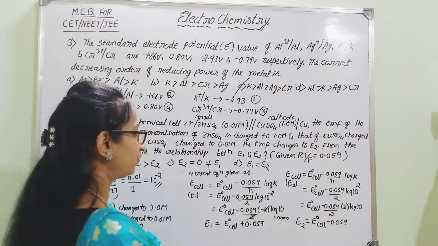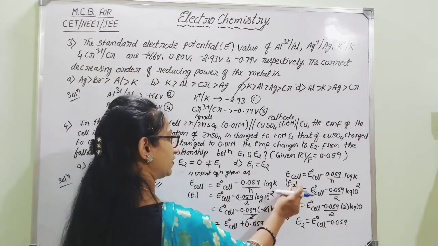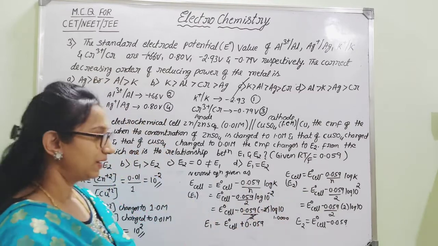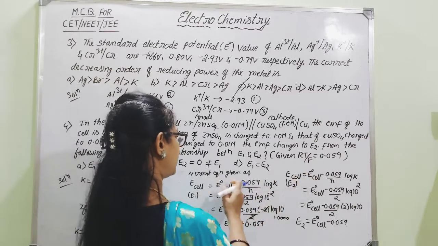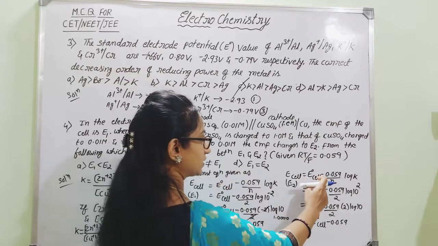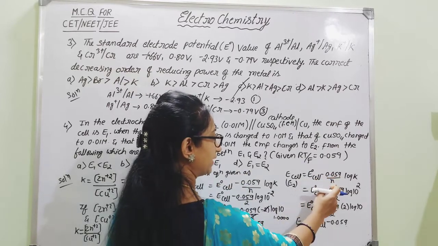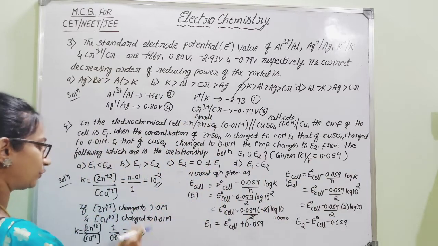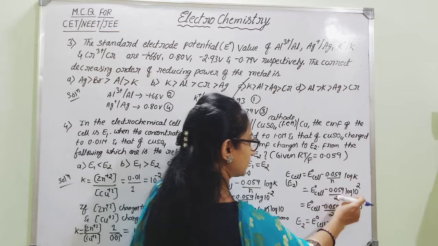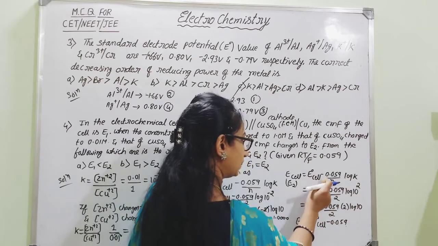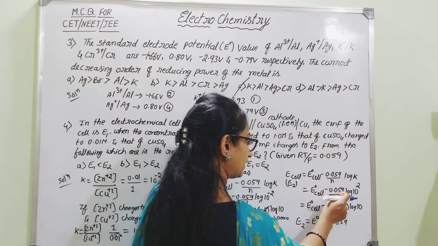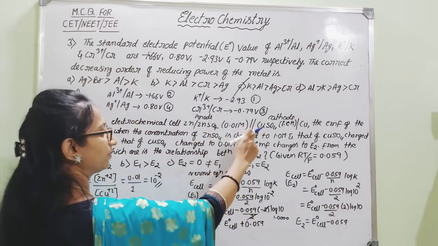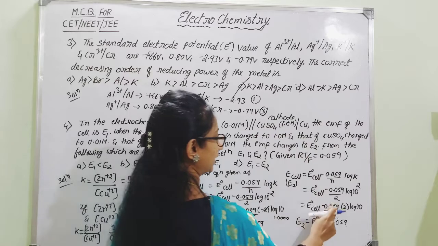Similarly, you have to find the EMF of the cell for the second concentration, that is, you are finding the E2 value. Again, write the same expression, the Nernst equation: E naught cell minus 0.059 by n log K. Now, what is the K value in the second case? It is 10 power 2. Substitute the K value. The n value is the same constant, the number of electrons exchanged is exactly 2.